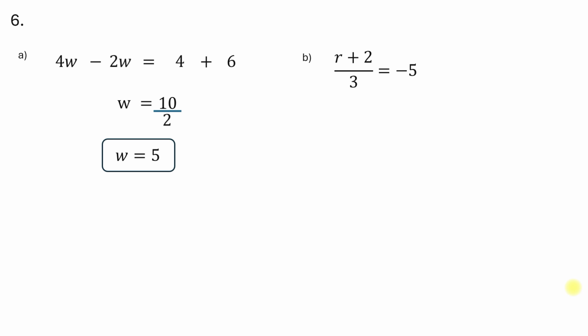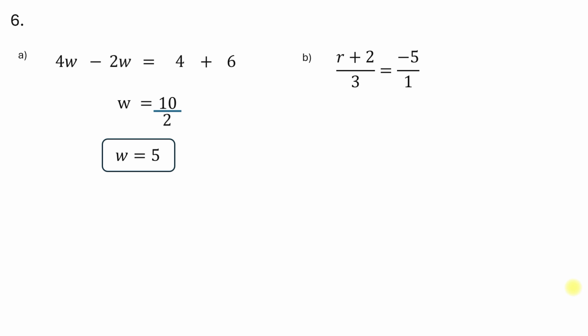Question B, r plus 2 over 3 equals negative 5. We could rewrite that negative 5 as a negative 5 over 1. Now we're set up so that we can nicely cross multiply.